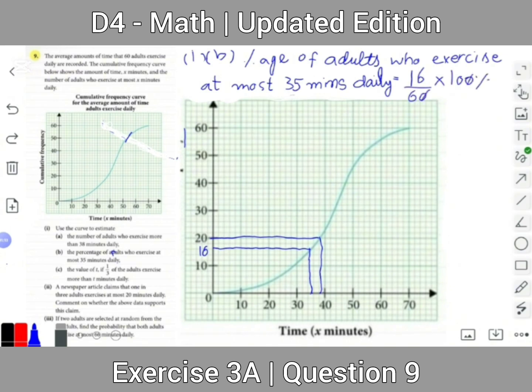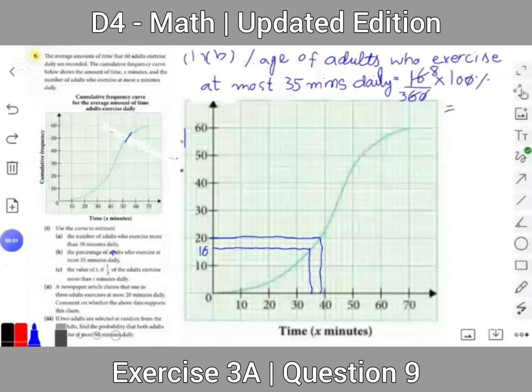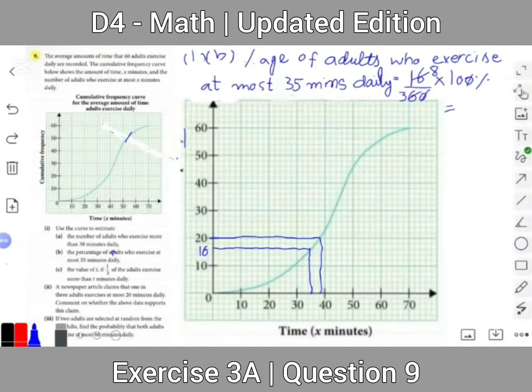The 0 cancels out with 0, and here we have 2 8s are 16 and 3 times 2... after multiplication we have got 80 over 3%.